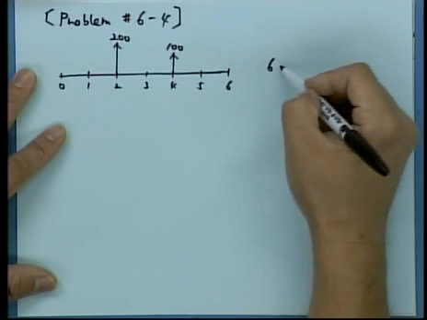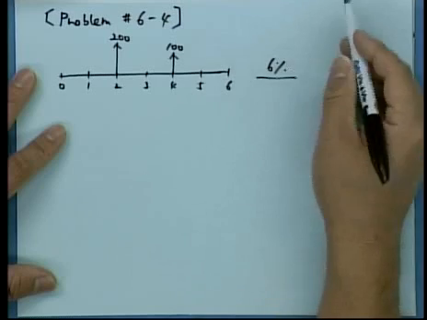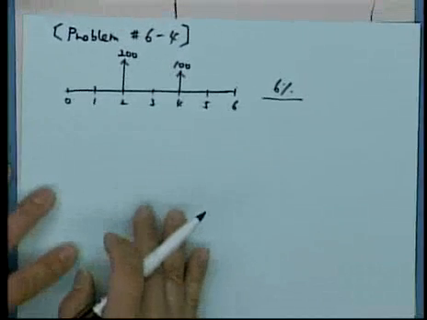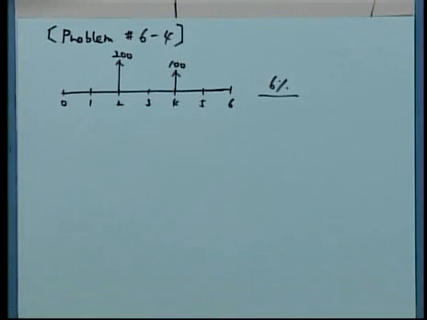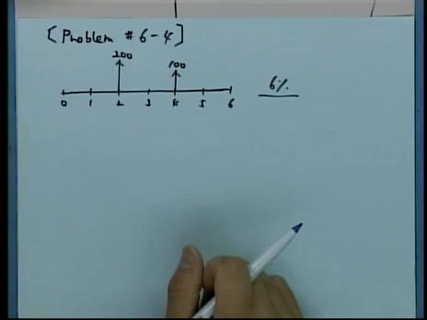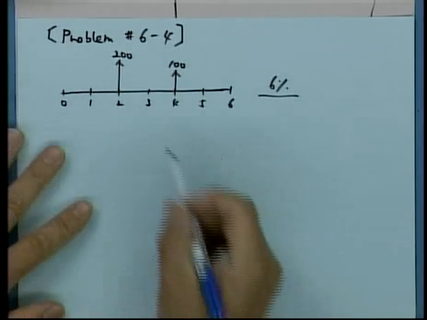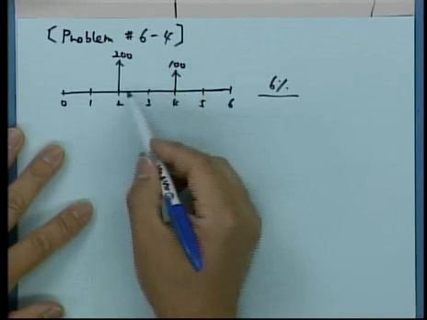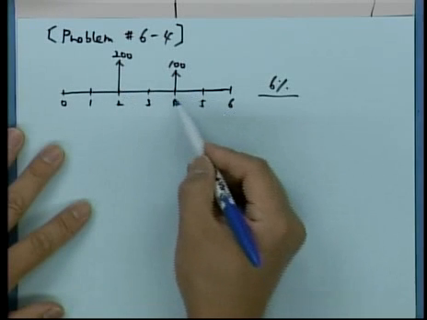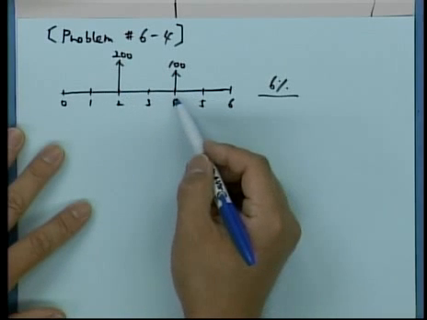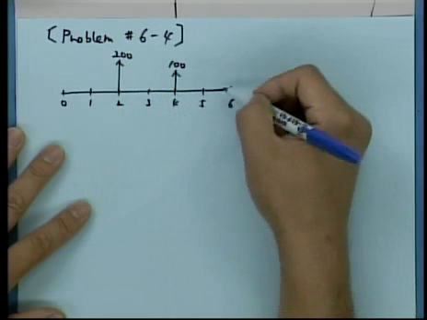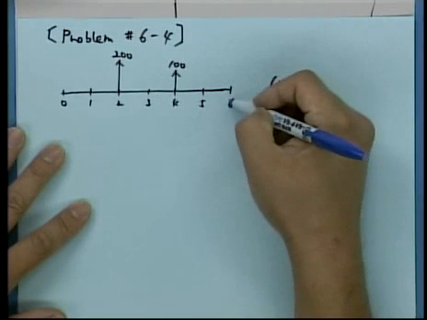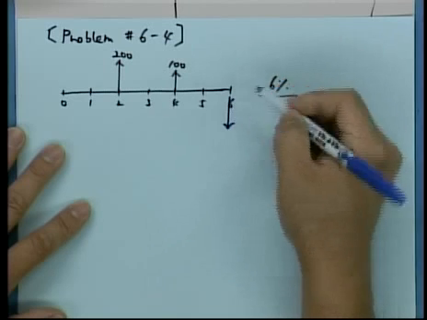And we are going to use a 6% interest rate. I'm going to convert each of these two payments to the future worth at the end of period 6.